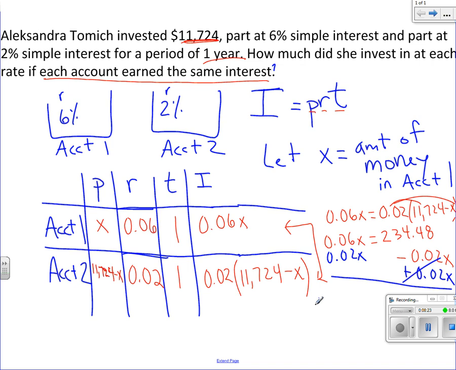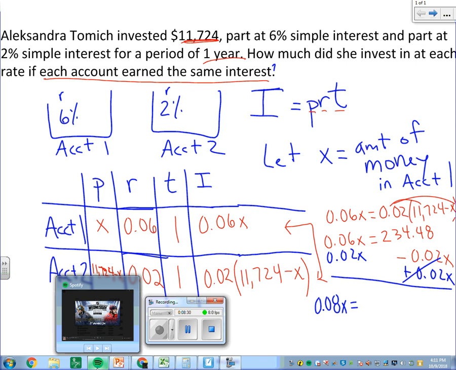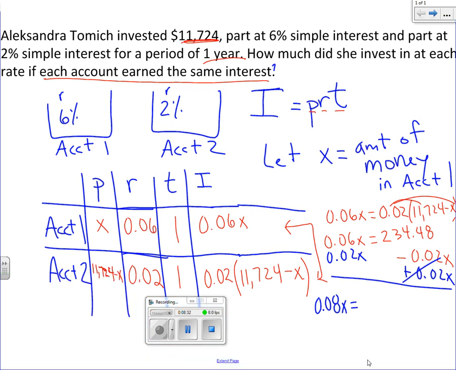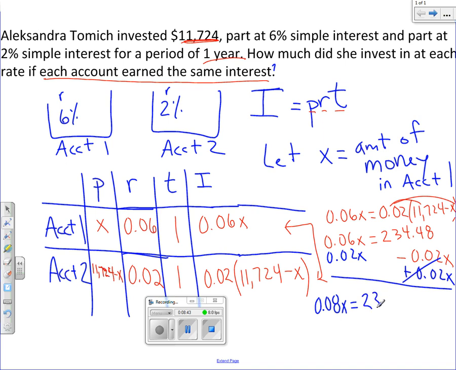Okay, there we go. All right, divide both sides by 0.08.